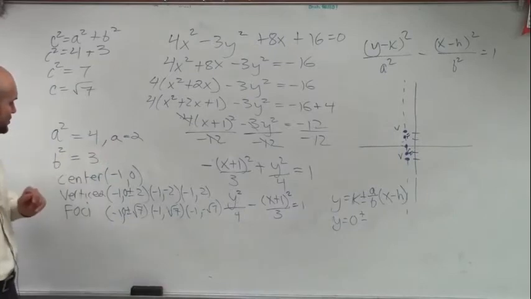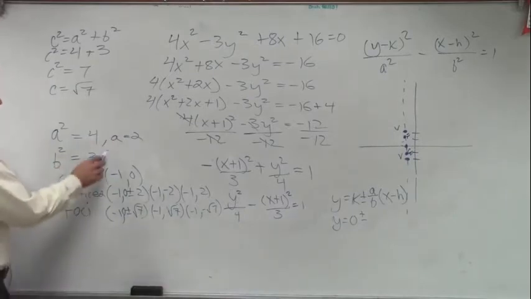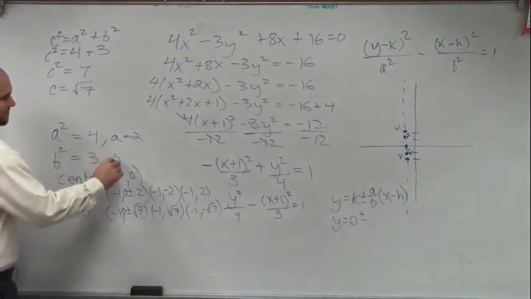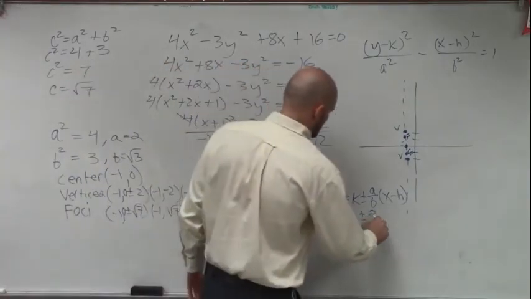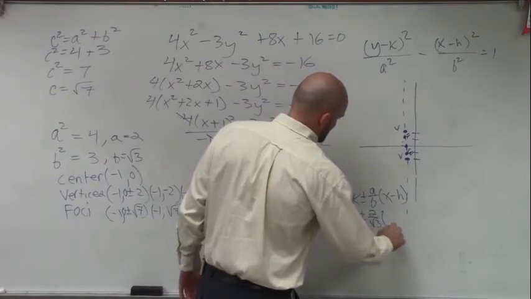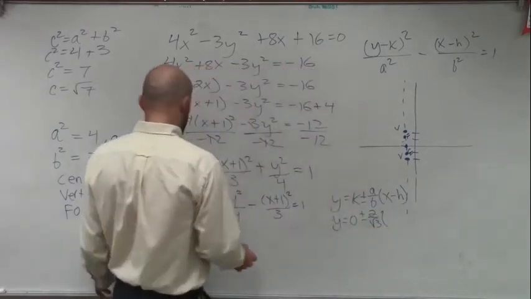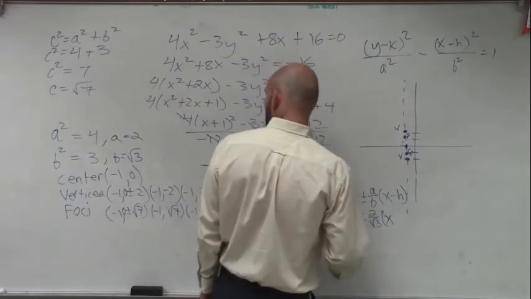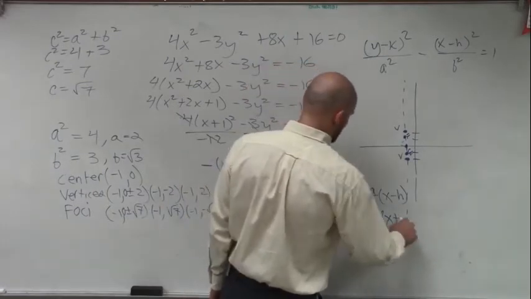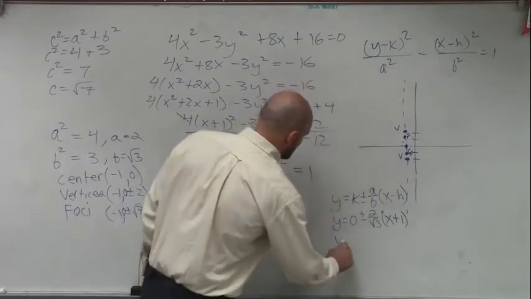So our a is 2, and our b is square root of 3, times x minus h, which is -1. You can just leave it as -1.